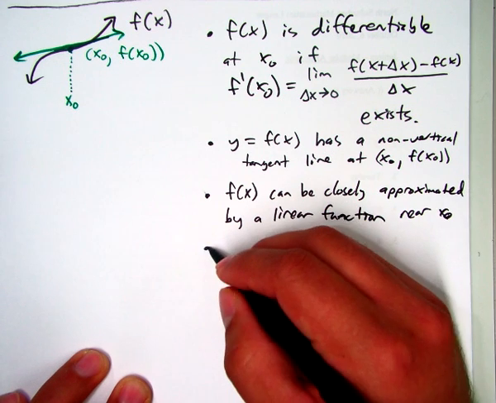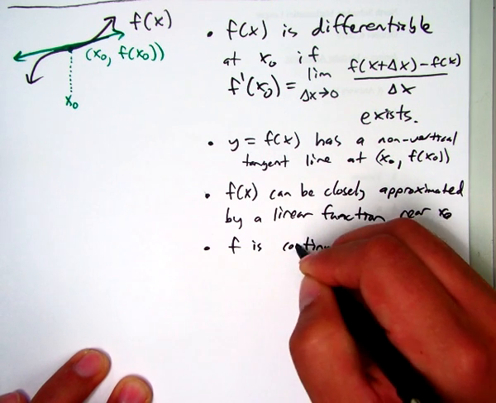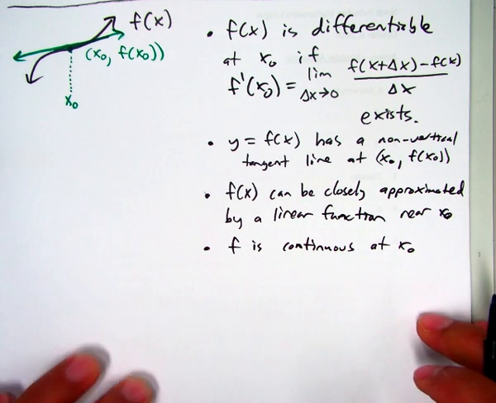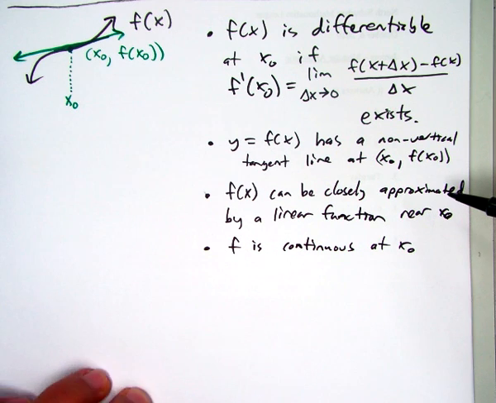We also say that f is continuous at that point, x naught. So these are all natural assumptions from the stuff that you learned last year in calc.